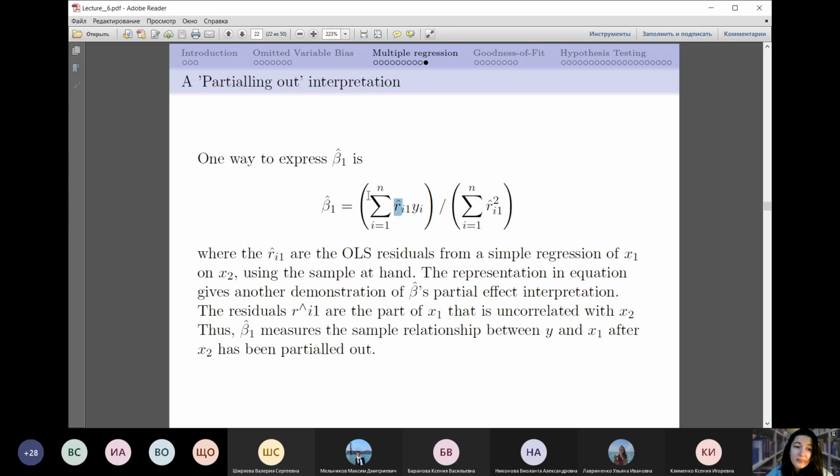So you can interpret the beta-1 parameter in terms of residuals from the auxiliary regression of x1 on x2. And because of this, again, the interpretation of x1 maybe will be more obvious in these terms. What does it mean holding all other factors fixed?